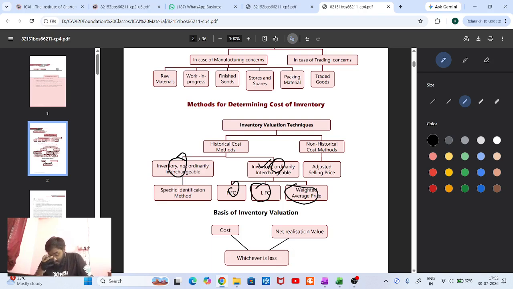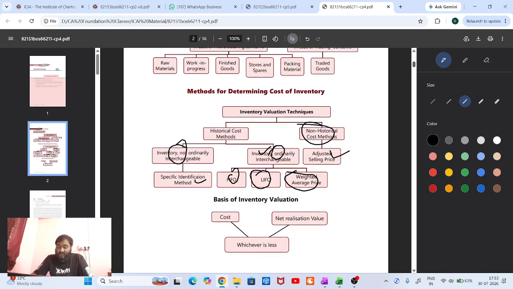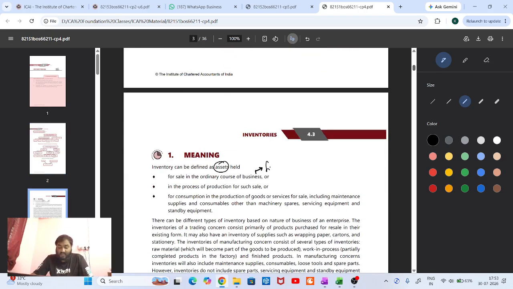Not ordinarily interchangeable: specific identification method, and non-historic cost methods such as adjusted selling price. We'll talk about this. Basis of inventory valuation: cost or NRV, whichever is lower.